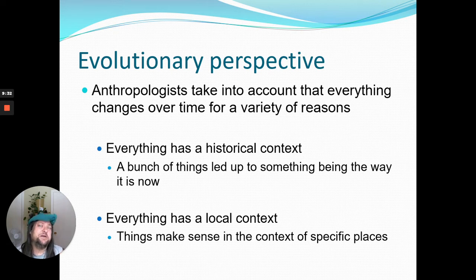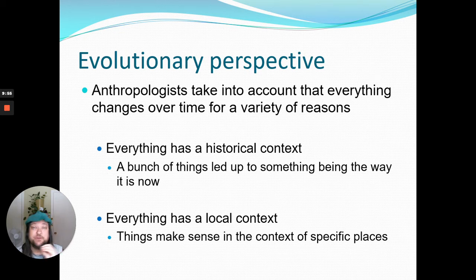And when we talk about evolution more in coming weeks, we're going to see that a lot of that has to do with adaptation to a specific context. So everything has a historical context, and I don't mean history like in your history books, but just changes over time. If you look at how the world is today, a bunch of things had to happen to lead to things being the way that they are now.